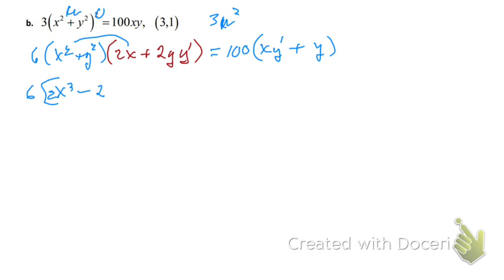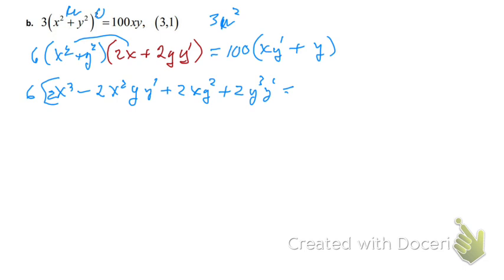Oh, I'm just foiling now. Okay, so then I've got 2x squared y prime. Then I've got plus 2xy squared plus 2y cubed y prime.